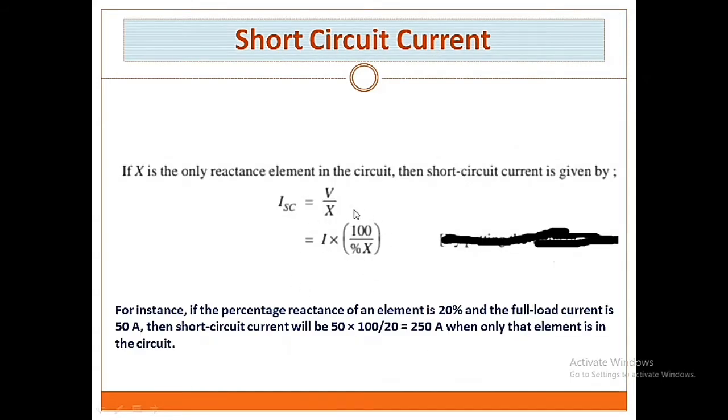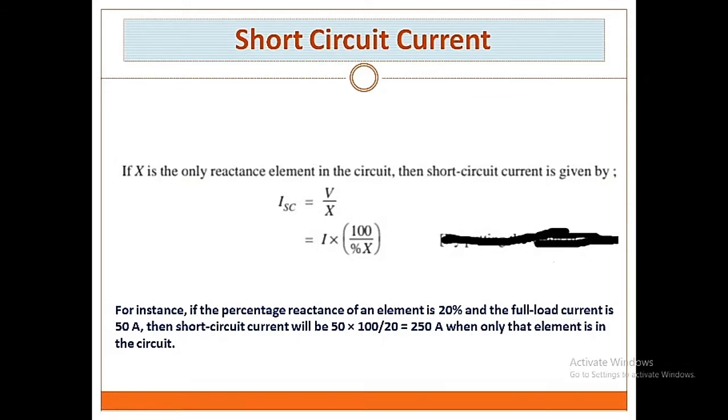Is it clear about this expression? Suppose the percentage reactance of the element is 20% and the full load current I is 50 ampere. So what is the value of ISC? 50 into 100 by 20, that is 250 ampere when only that element is in the circuit.